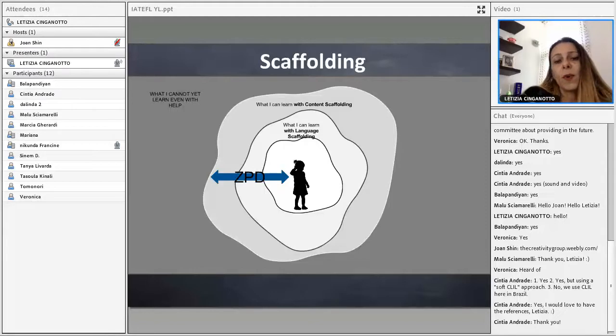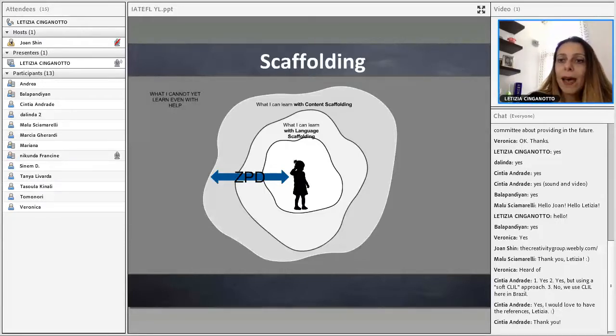You can imagine when you have to study maths, and so new concepts in maths, and so you have the complexity of the topic, but you also have the complexity of the language, because maybe you have to develop and acquire specific language areas which are relevant to that specific topic.